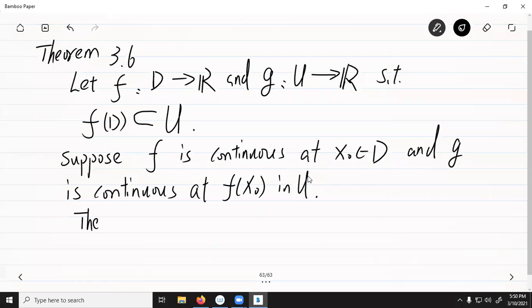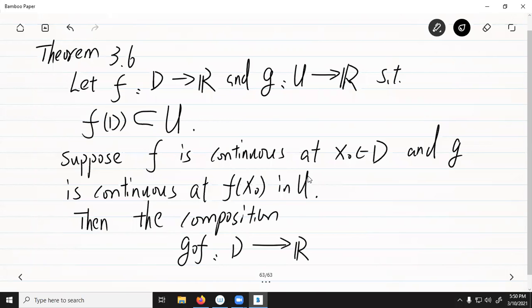Then the composition g composed with f, g circle f, which is from D to R, is continuous at x naught in D. Roughly speaking, this theorem tells you that if you have two continuous functions, of course you should satisfy this condition: the range of f should be inside the domain of g.